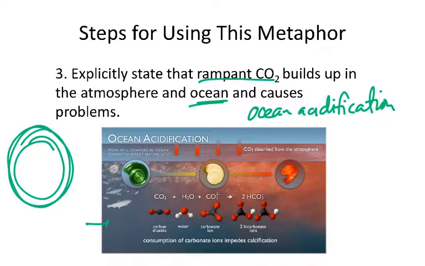What happens when the carbon dioxide is absorbed by the oceans is that it reacts with the water and with carbonate ions and forms something called carbonic acid. So the effect of having this carbon dioxide in the water is that it's removing these carbonate ions. These carbonate ions are no longer available because they're bound to that carbon dioxide.